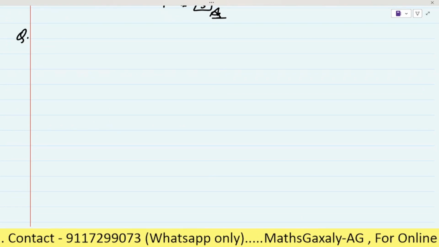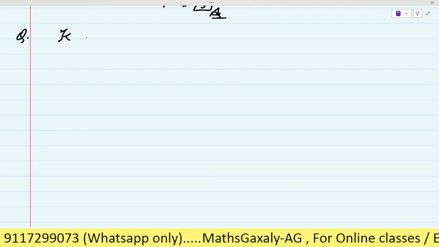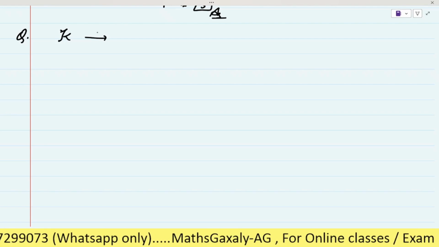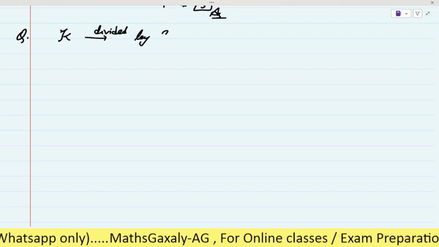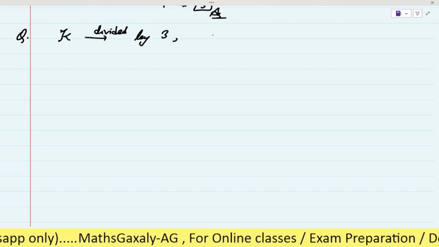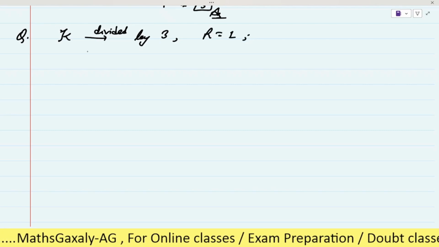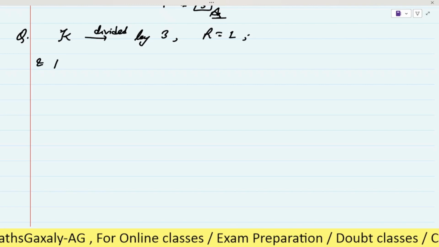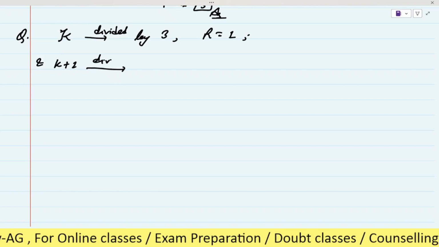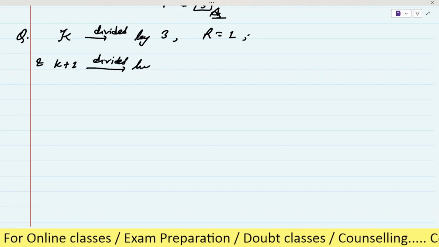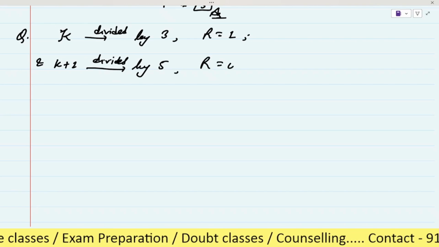When an integer k is divided by 3, the remainder is 1, and k plus 1 is divided by 5, then the remainder is 0.